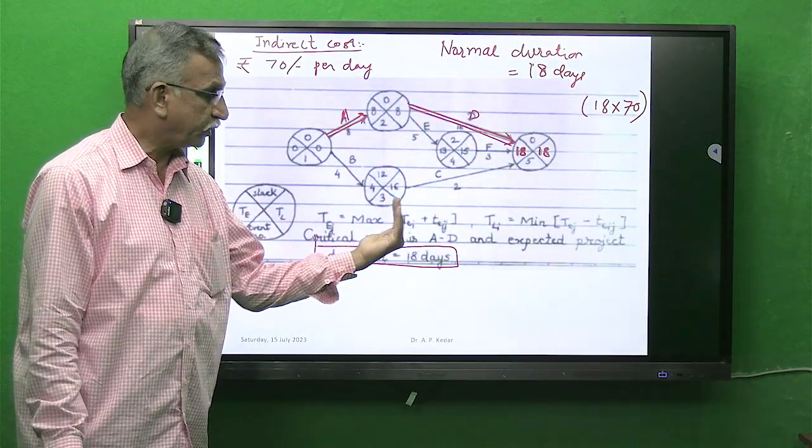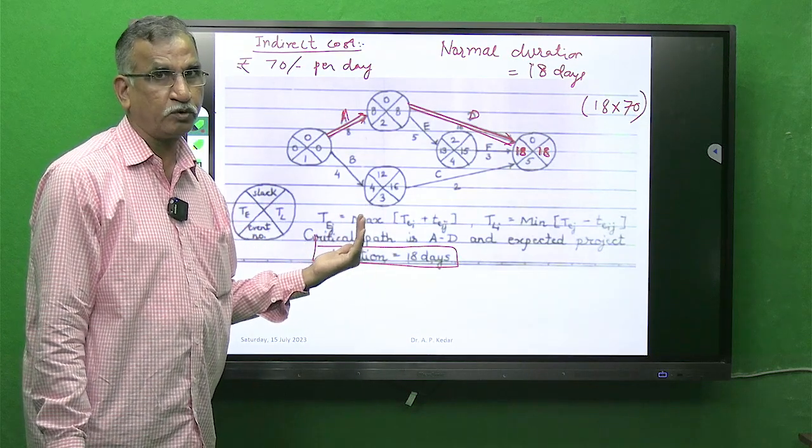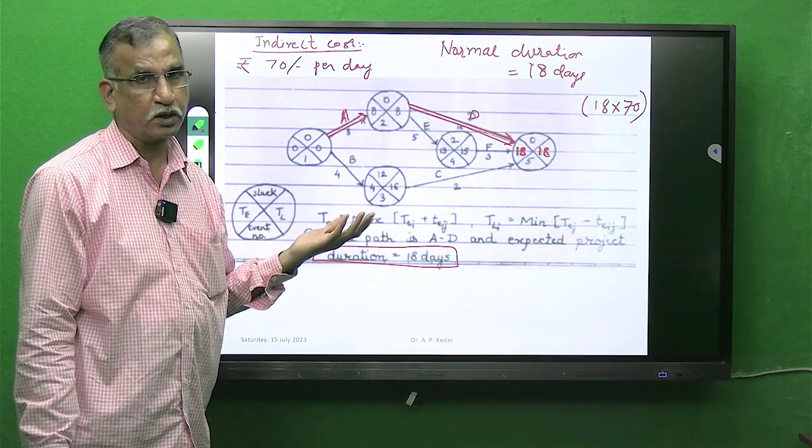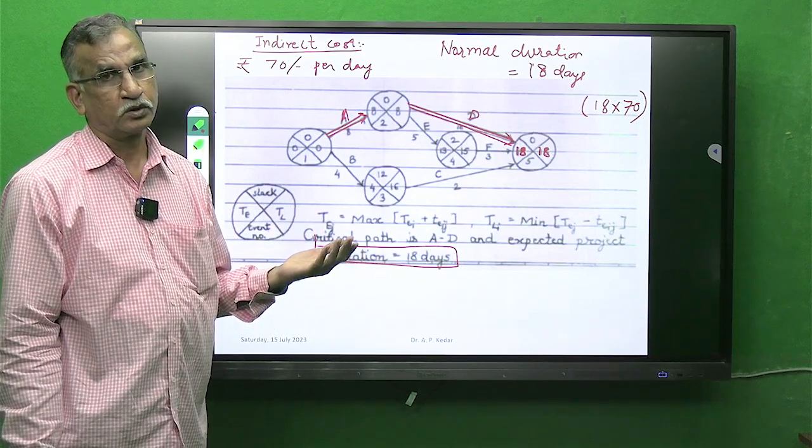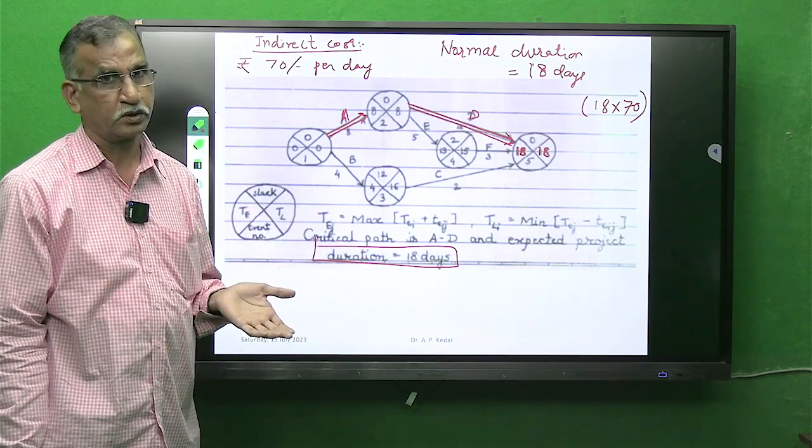But the moment you reduce the time duration, your project completion time also reduces, so the number of days reduces, and the indirect cost also reduces.